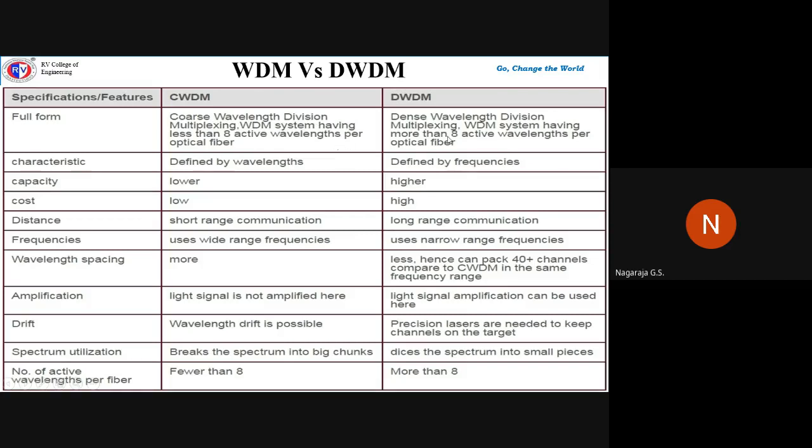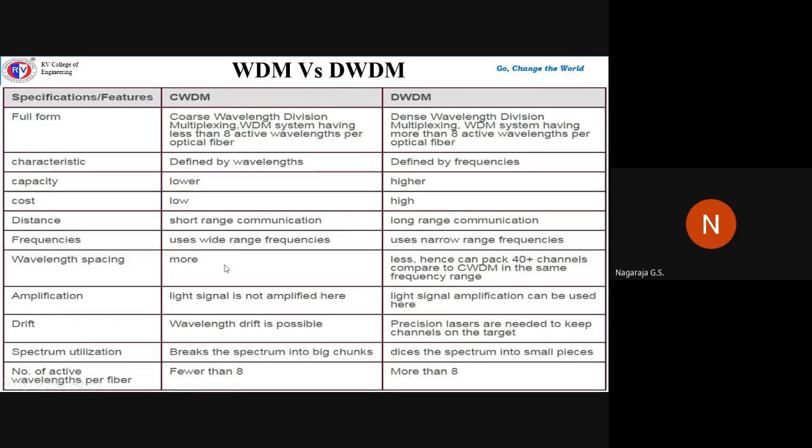It is less than 8 versus more than 8. Characteristics are defined by wavelengths versus defined by frequencies. Capacity is lower in CWDM; obviously in dense it is higher. Cost is low versus high, because you are trying to have more and more active wavelengths, so certainly the cost becomes higher. Distance: it covers short range versus long range communication. Frequencies: it uses a wide range of frequencies versus a narrow range of frequencies.